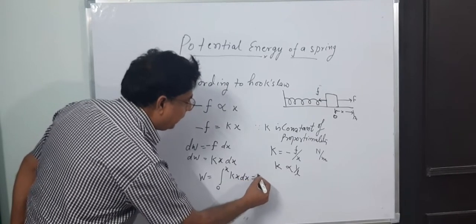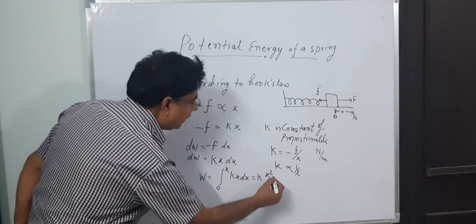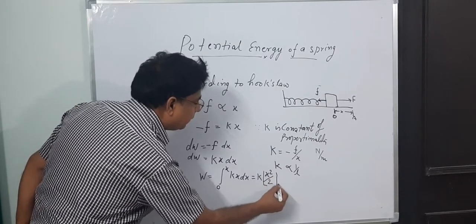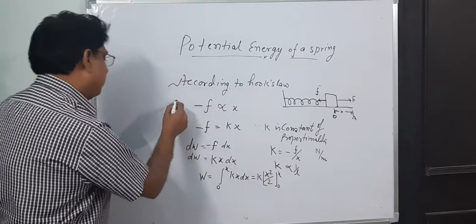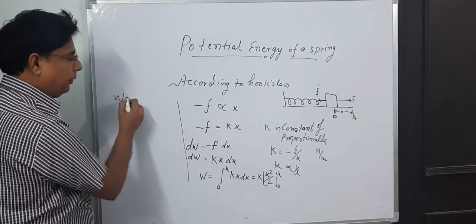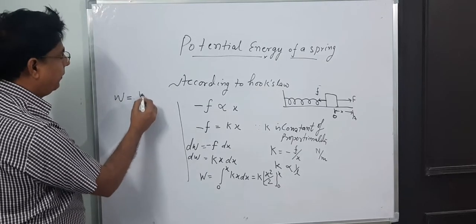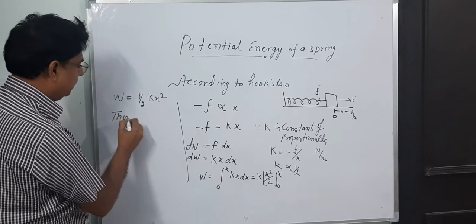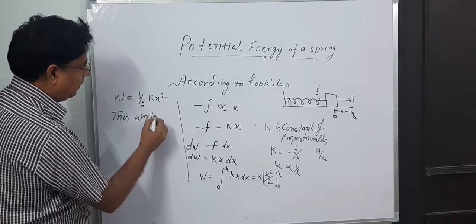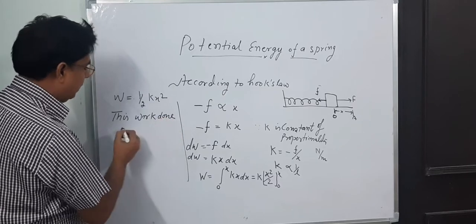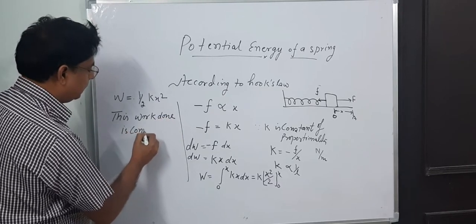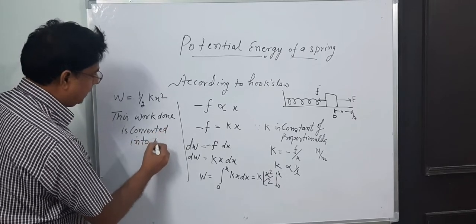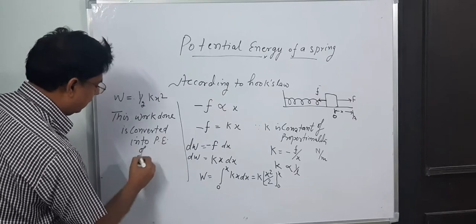When we integrate it, we get kx squared divided by 2. We take the limits from 0 to x. Therefore, this work done will be equal to half kx squared. This work done is converted into potential energy of the spring.